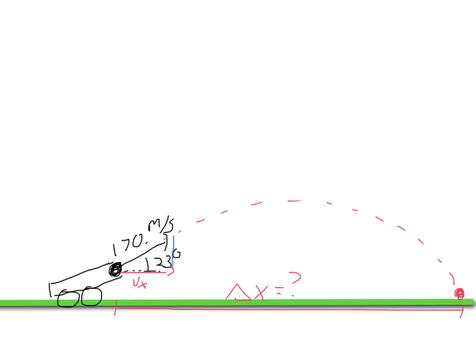And initial velocity in the y-axis, Vy, and I'm going to put another little i there to indicate initial velocity in the y-axis. So I have a cannonball, it's shot from ground level, and it lands at ground level. Neglect the maybe half a meter or a meter the cannon is tall. Don't worry about that in this problem.